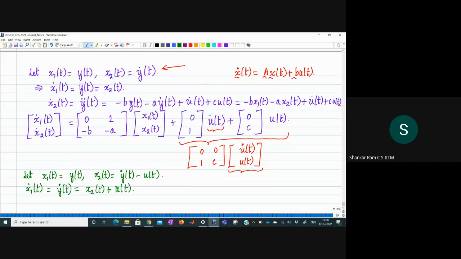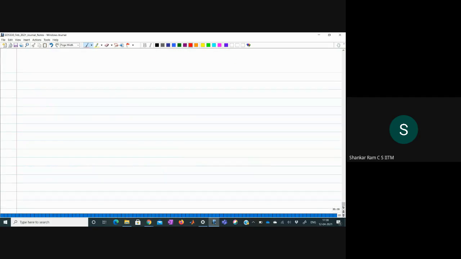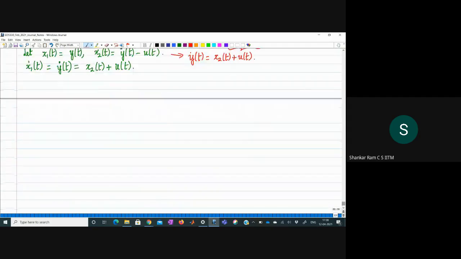How did we get this? We got it from the second equation, right? So in this equation, we can immediately see that if we rearrange the terms, y dot(t) will be equal to x2(t) plus u(t). Okay, so that's what we would have.